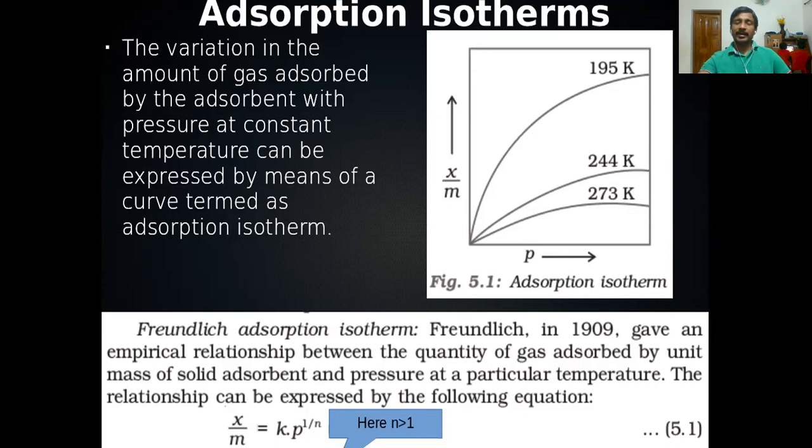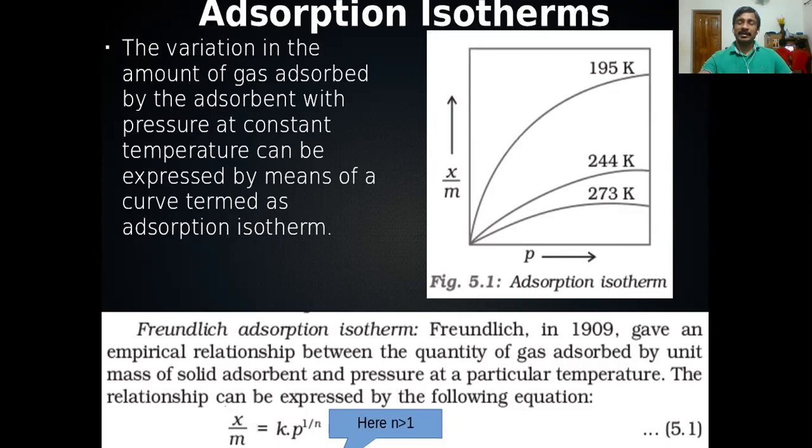So at the beginning, x by m is proportional to p, that means p raised to 1. At the end, at this particular pressure, x by m is proportional to p raised to 0. So the variation will be between 1 and 0. There are only fractions in between 1 and 0.